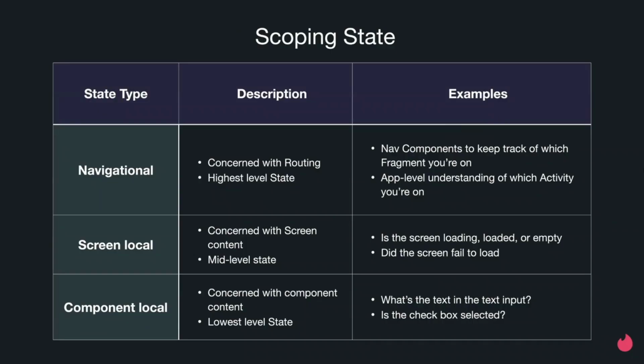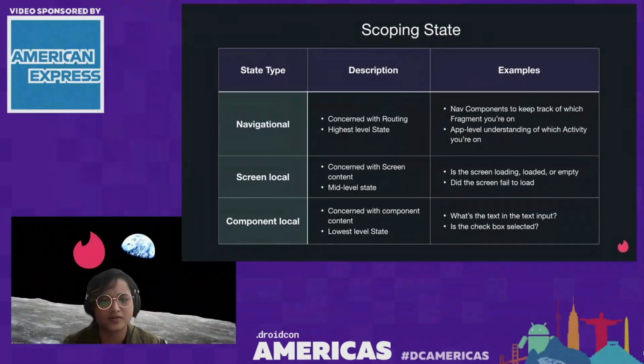For most multi screen apps, the highest level state would be navigational, where the only concern would be how to route and what arguments those routes may need. Screen state would be the next level down, and often screen state just involves stitching together the hoisted states of its constituent components.